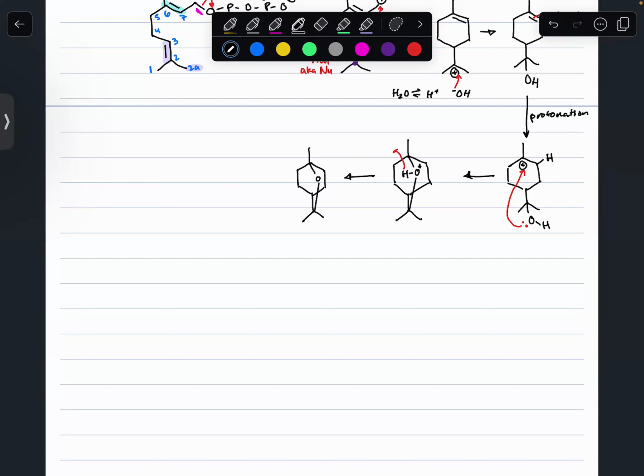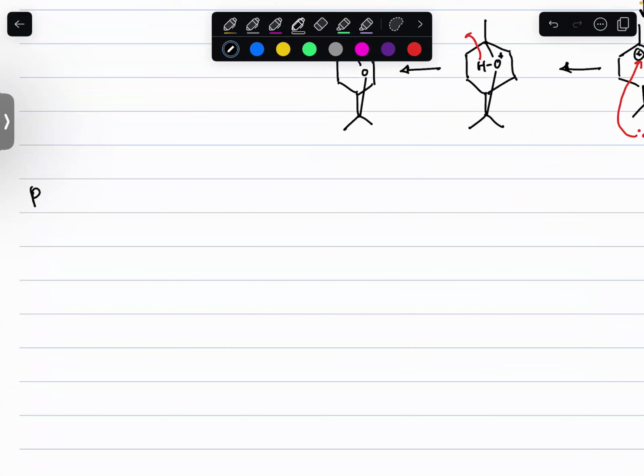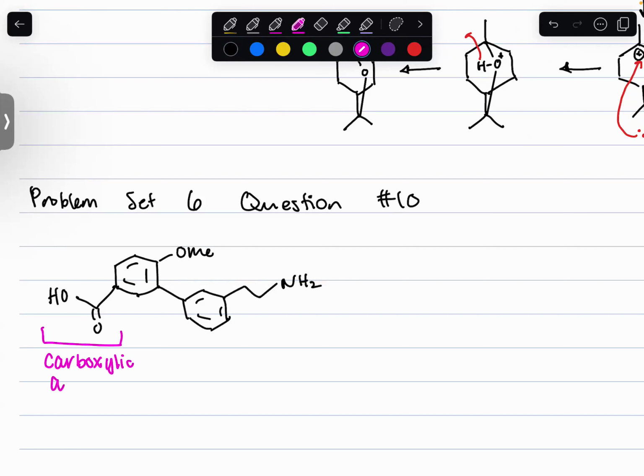So with the first one, what you were meant to see is you have a carboxylic acid, and acids are proton donors.